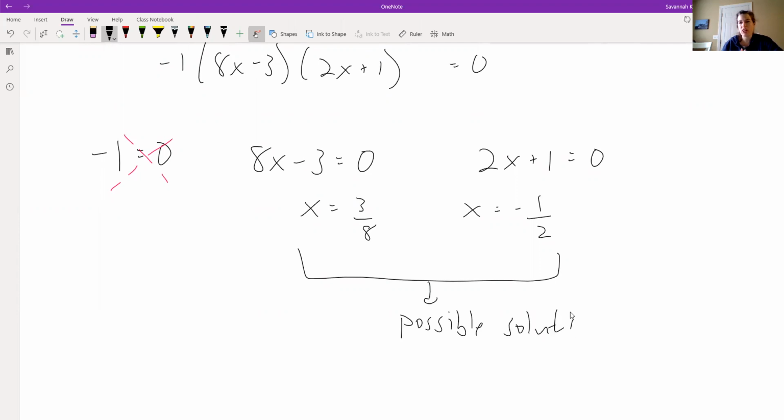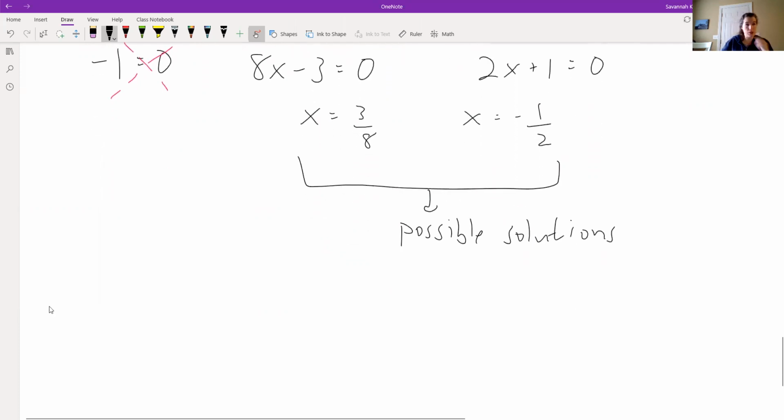So we have to check both of them. And I should say check each one individually in our original equation. So I will check x equals 3/8 first, since that's the first thing we came up with.